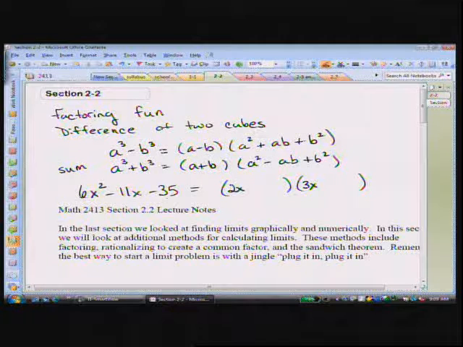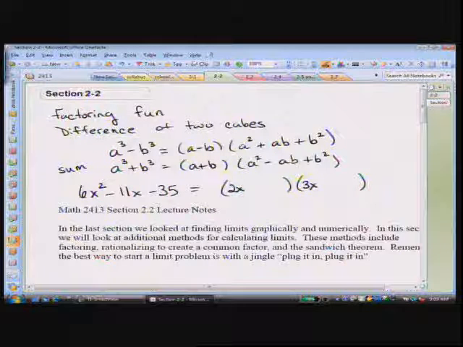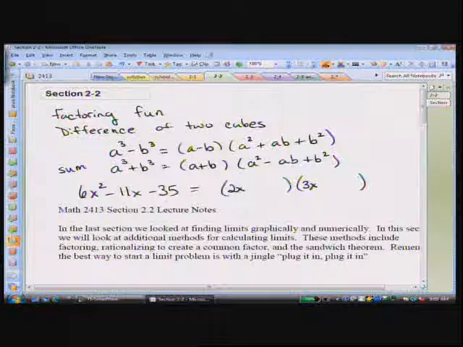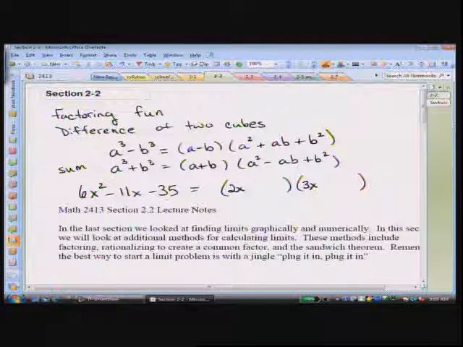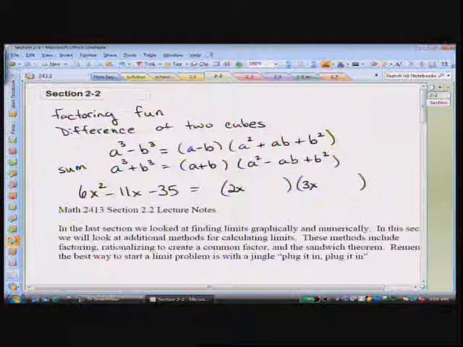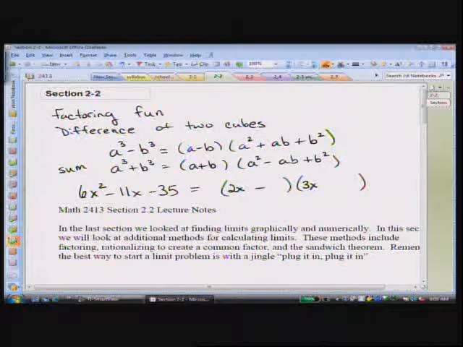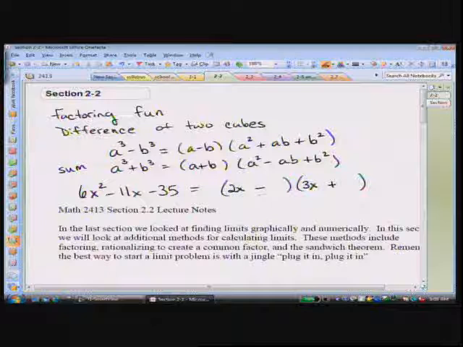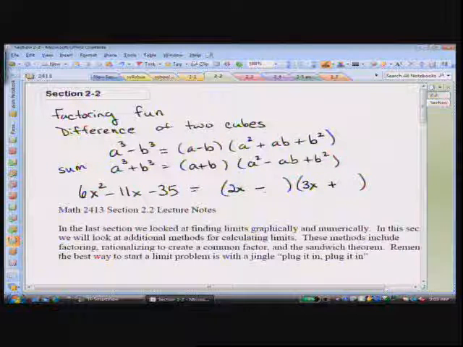Now, your possibilities for negative 35 would be negative 35 and positive 1, or negative 1 and positive 35, or negative 7 and positive 5, or positive 5 and negative 7. But you want to get negative 11. In order for it to multiply to be negative and then add to get negative, it's got to be one negative, one positive, and the larger product needs to be negative.